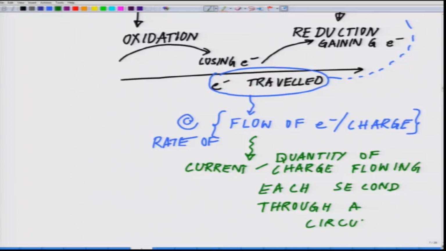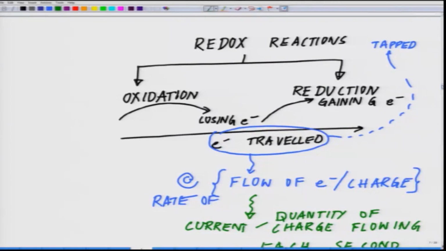So, between two species, say this is one compound which could lose an electron, and here is another compound which could gain an electron.